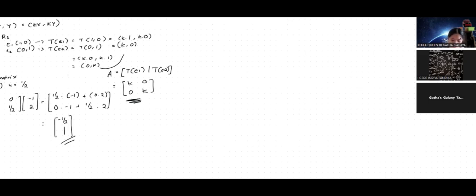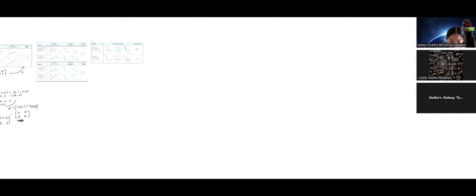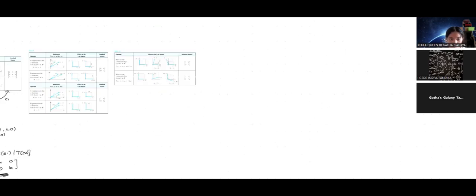Okay, that is for contraction and dilatation. Next, we will go ahead to the fifth, which is expansion and compression. So for expansion and compression, we have Table 9 over here.